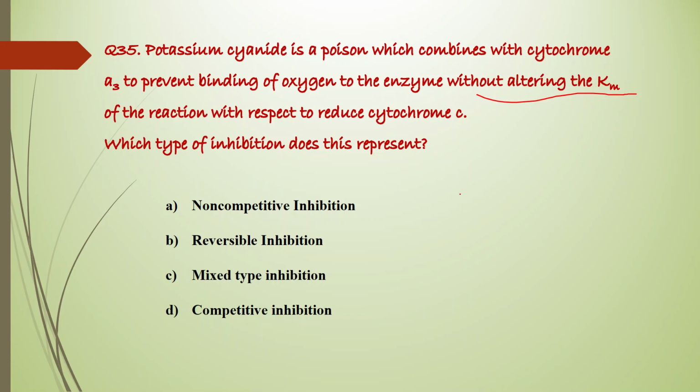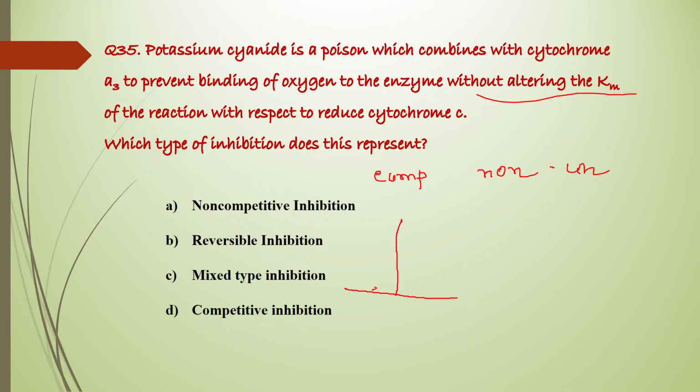Why is this very important? The main thing that you do need to remember again is how the plots for competitive, non-competitive and uncompetitive inhibitors look, the Lineweaver-Burk plot, how does this change for these 3 inhibition processes?